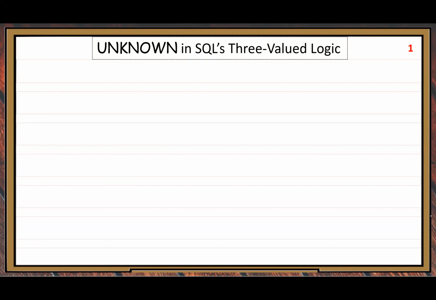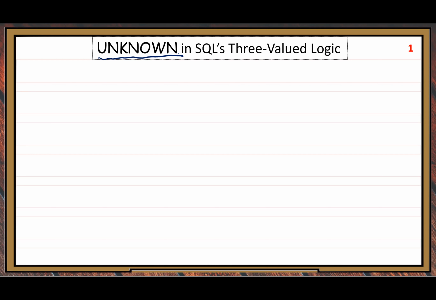Unknown in SQL's 3-value logic. Other than true and false, this unknown is a special value. Its meaning is obvious, unknown, right? You can understand it this way: sometimes this value could be true, and sometimes this value could be false.